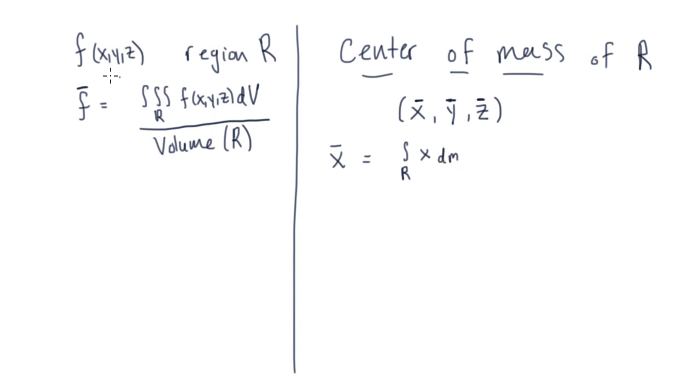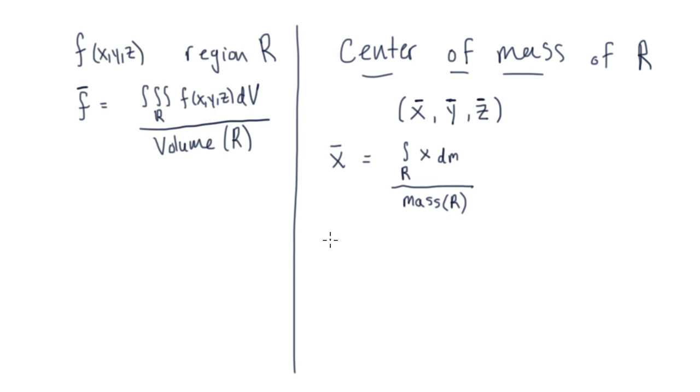Okay, so it's a little bit different than average value. So average value is adding up function values over volume elements. Center of mass, I'm really weighting the mass elements by what their x coordinate is. And so that's sort of giving me the average of all the x coordinates of all the mass. And the same thing for y and z. Okay, so the last thing I need to do, well, I integrate this function x, but I also need to divide by the mass of R.